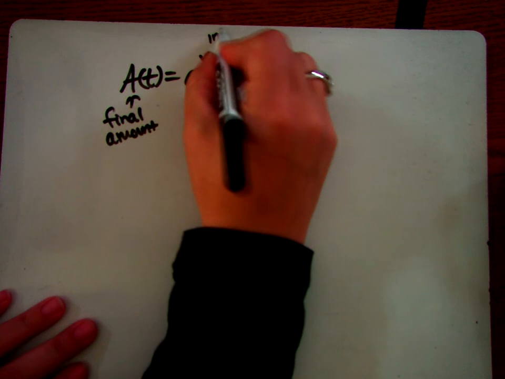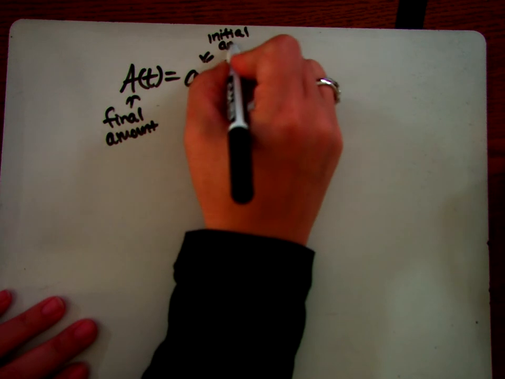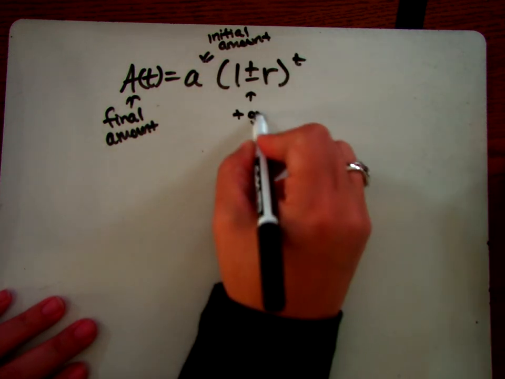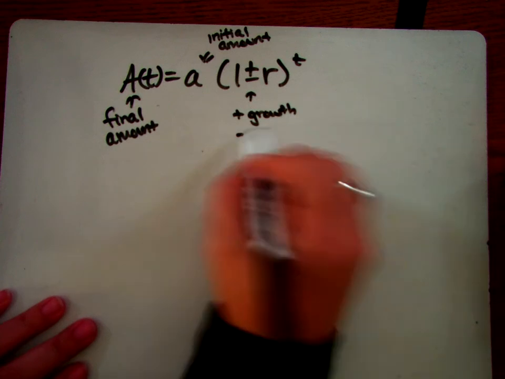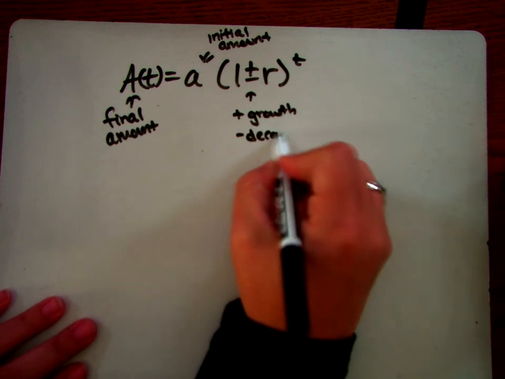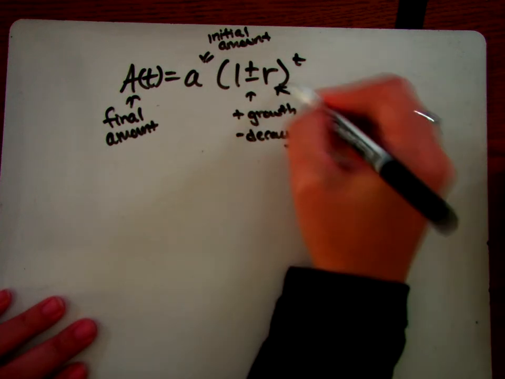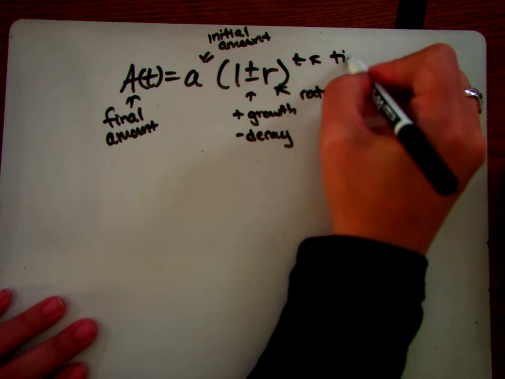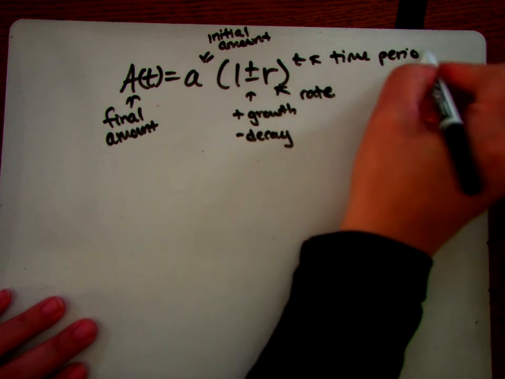This is your initial amount, so where do you start? This is plus for growth, minus for decay. That is the rate, and t stands for time periods.